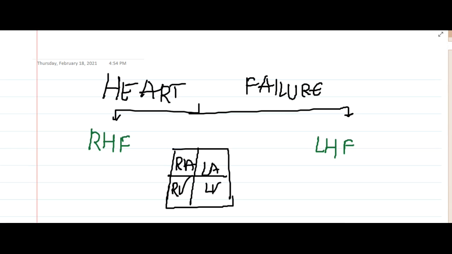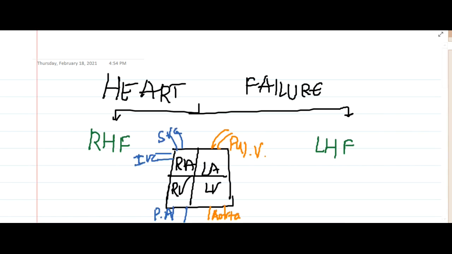From the left ventricle there is the aorta, and from the right ventricle the pulmonary artery. To the left atrium we will have the pulmonary veins, and to the right atrium you will have the superior and inferior vena cava.